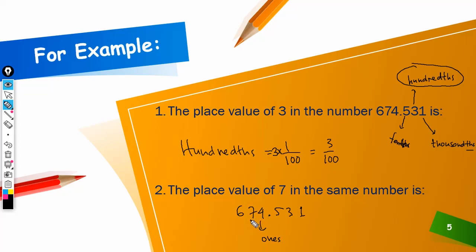And the 7 is tens, without th, tanpa th. And 6 is hundreds. So the answer is the place value of 7 is tens, or you can say 7 times 10.